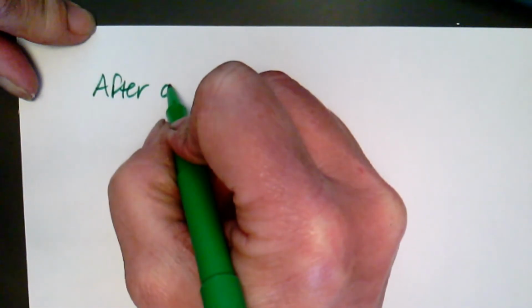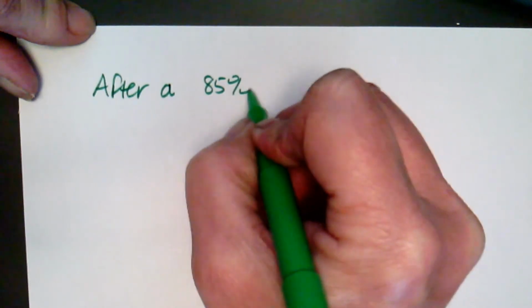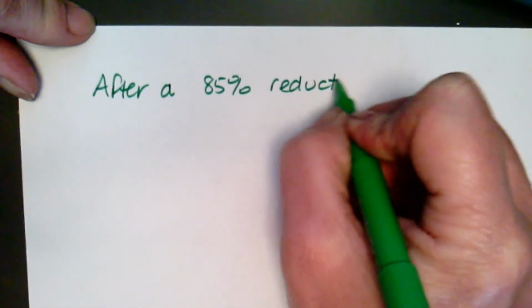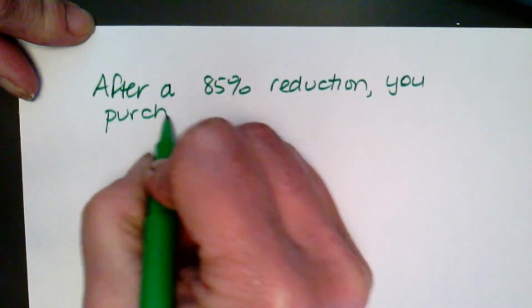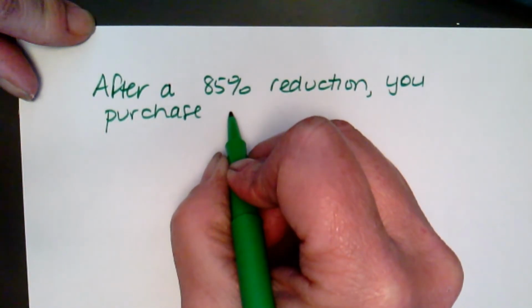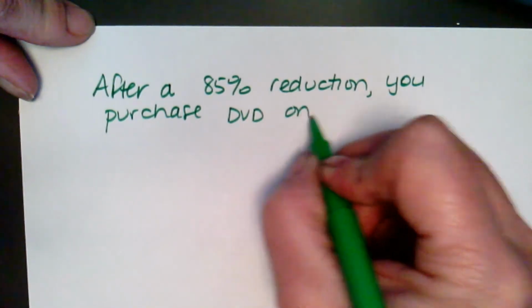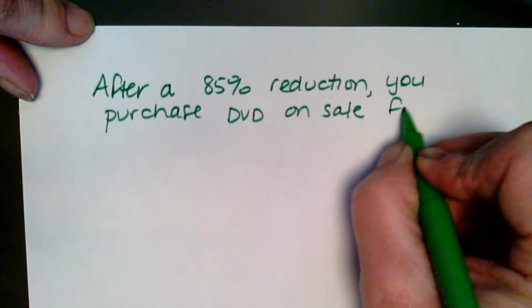And we have a reduction with our original price. So let's see. After an 85% reduction, you purchase a DVD player on sale for $75.